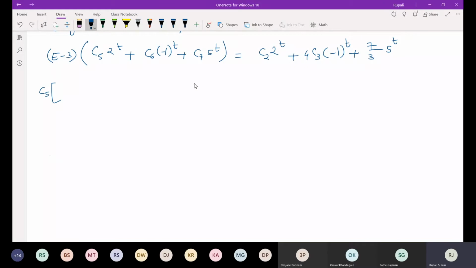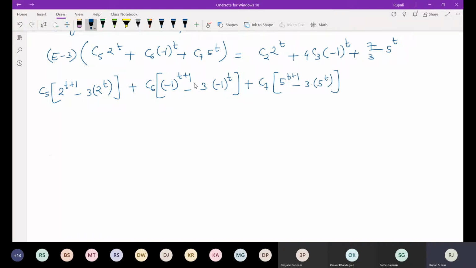E minus 3, if I apply on 2 raised to t, gives 2 raised to t plus 1 minus 3 times 2 raised to t, plus C6 as it is, minus 1 raised to t plus 1 minus 3 times minus 1 raised to t, plus C7 as it is, 5 raised to t plus 1 minus 3 times 5 raised to t, and this term as it is: C2 2 raised to t plus 4 times C3 minus 1 raised to t plus 7 by 3 5 raised to t.